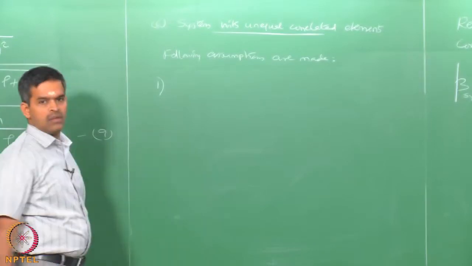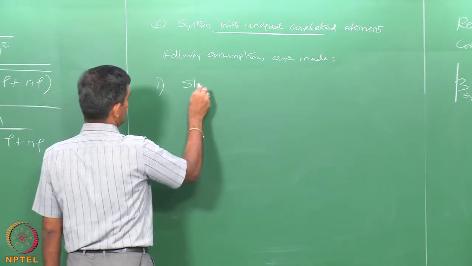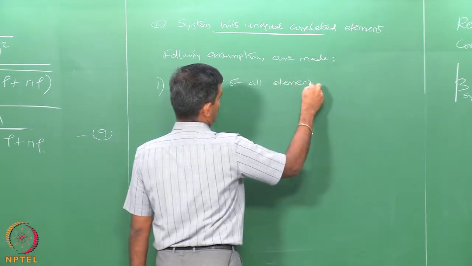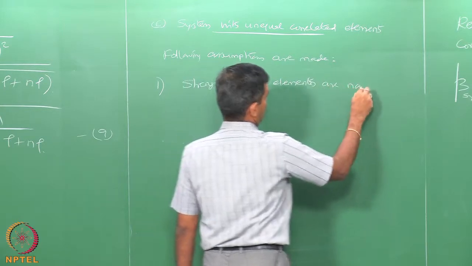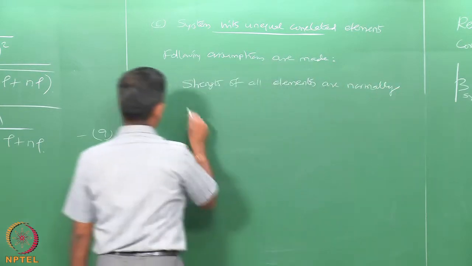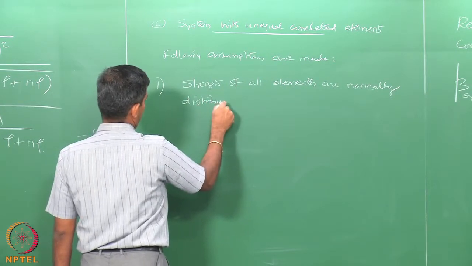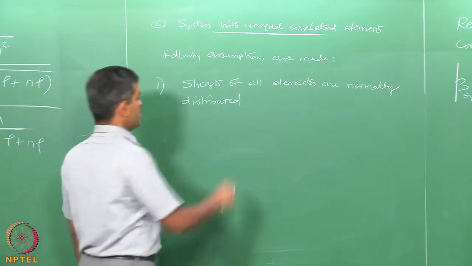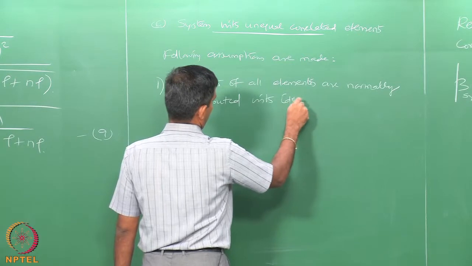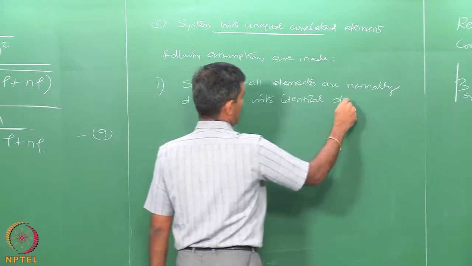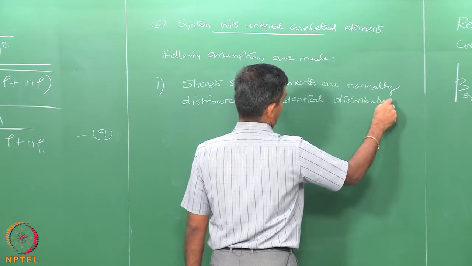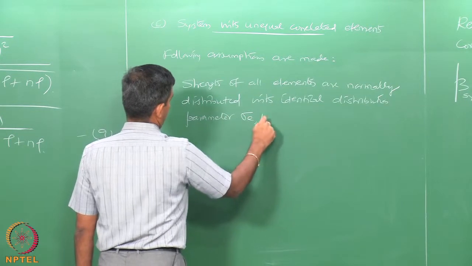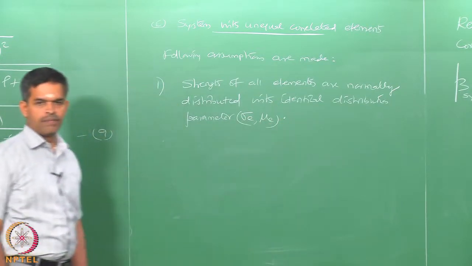One, the strength of all elements is normally distributed with identical distribution parameters sigma e and mu e.